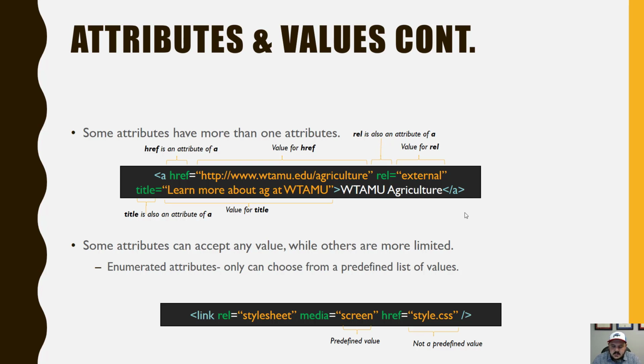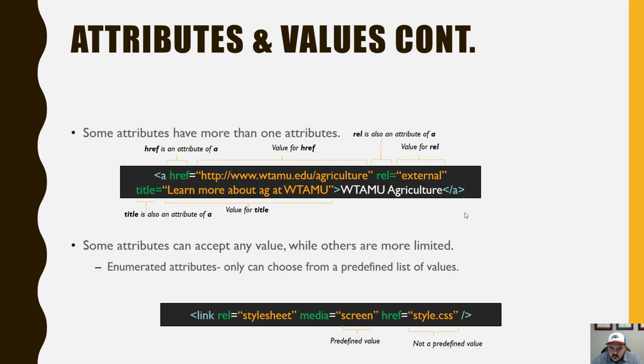For example, this link is not talking about a hyperlink, so it's different from the previous one. We're linking to a style sheet, to another file. When we get into media, we have predefined values, and screen is one of those predefined values. Print is another predefined value for media.